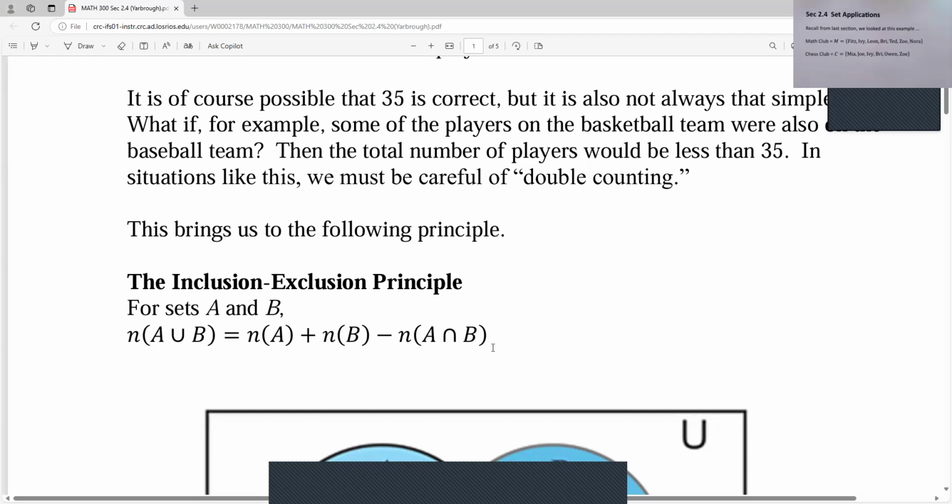So we have to fix that double counting by subtracting the number of elements in A intersected with B. So the number of elements in A union B is equal to the number of elements in A plus the number of elements in B minus the number of elements in the intersection of A and B, because those people are the ones that we counted twice when we counted them in set A and also in set B.